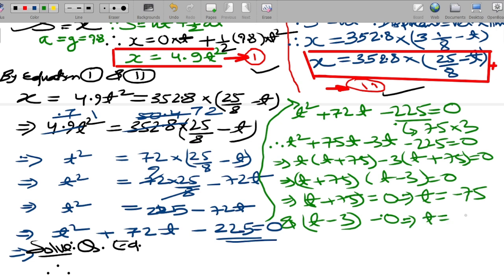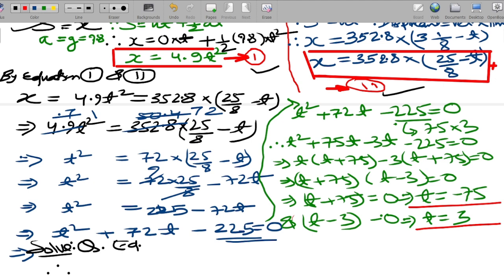But we know that time cannot be negative, right? So that's why we will not consider t equal to minus 75, and we will just reject this value. I am just crossing it over here.